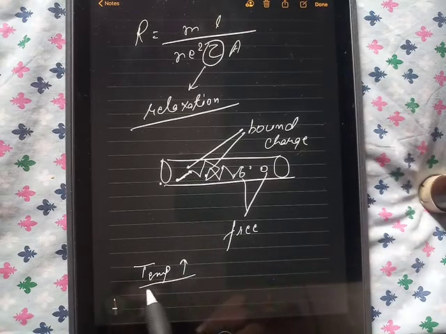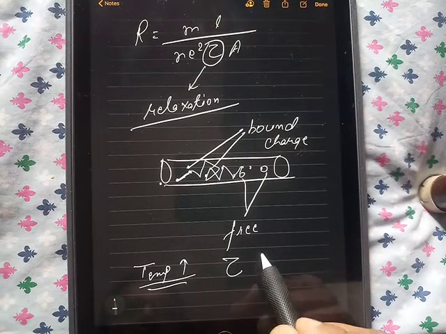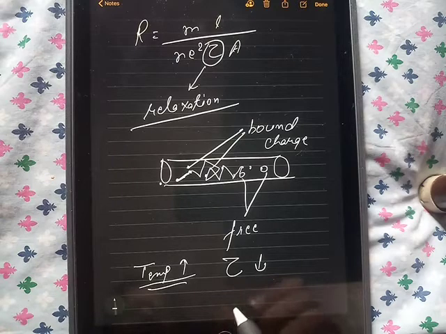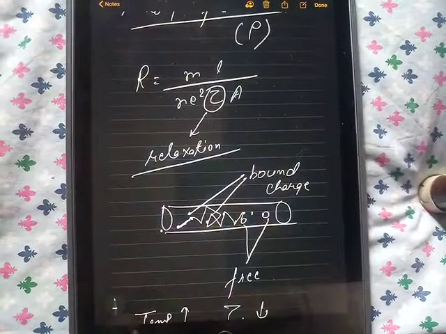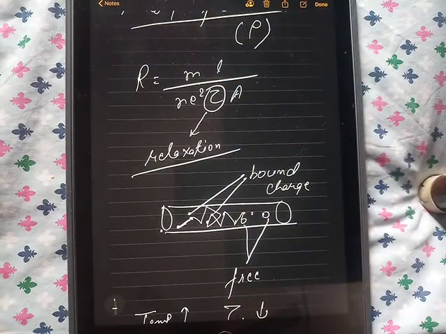When temperature increases, relaxation time decreases, and as relaxation time decreases, the resistance will increase. Obviously this is for conductors, not for semiconductors or others. In semiconductors it will act in a different way. We will study it later.